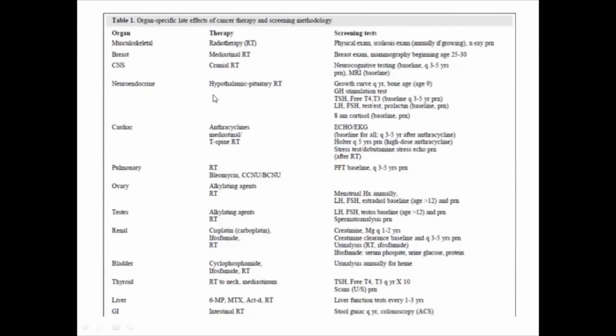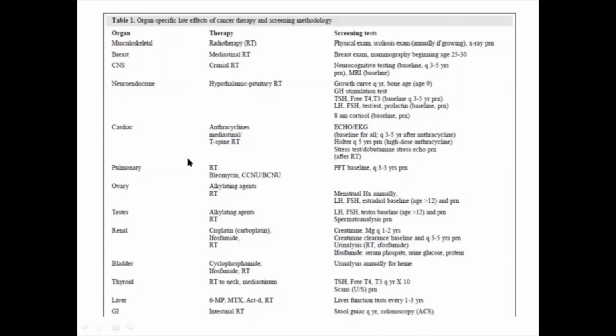Like in patients who have received hypothalamic-pituitary RT, the patient's growth curve should be seen. Growth hormone stimulation tests should be done, along with TSH, free T4, T3, luteinizing hormone and other hormonal function tests.